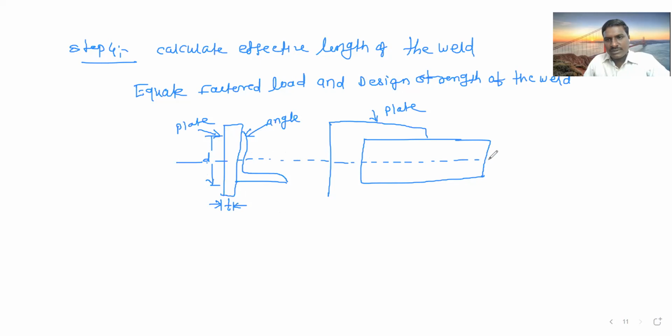This is the CG of the angle. Draw this sketch, this is very important. Here, this is the D. Now this is the L1 length. We don't know how much length we have to weld, so we are assuming this is L1 and this is L2.